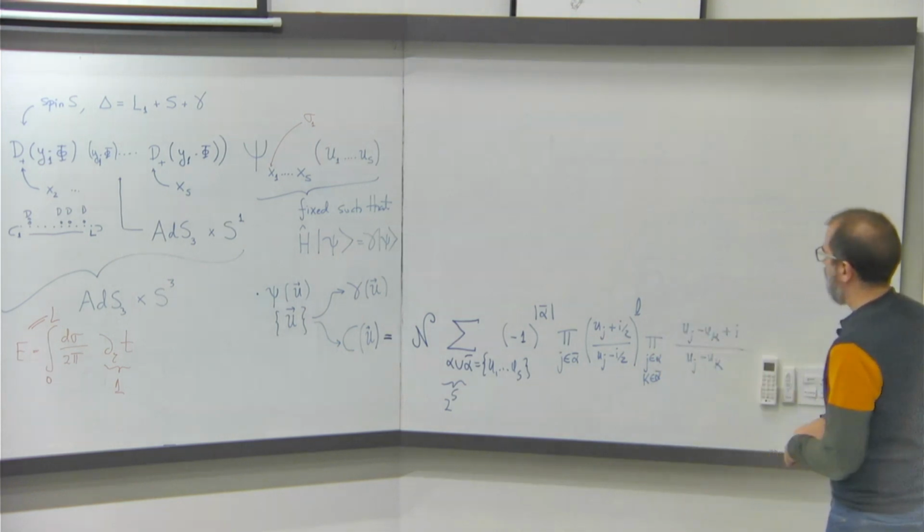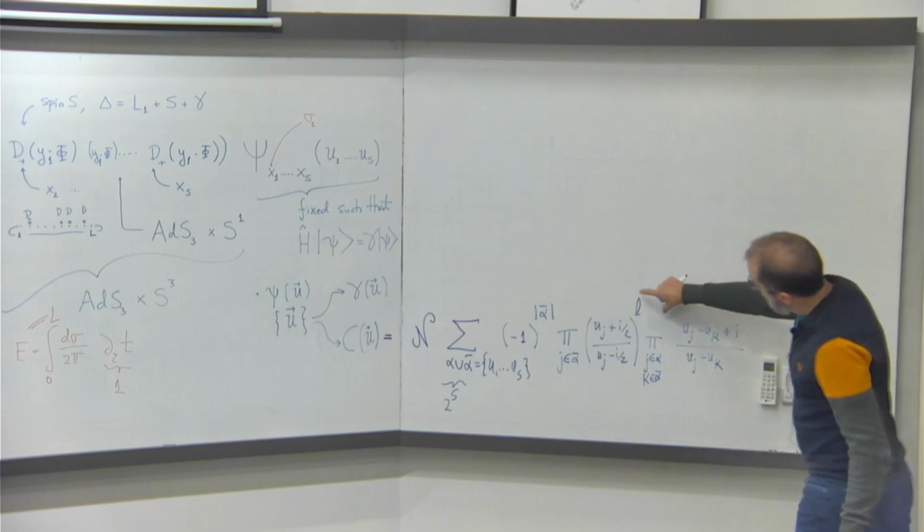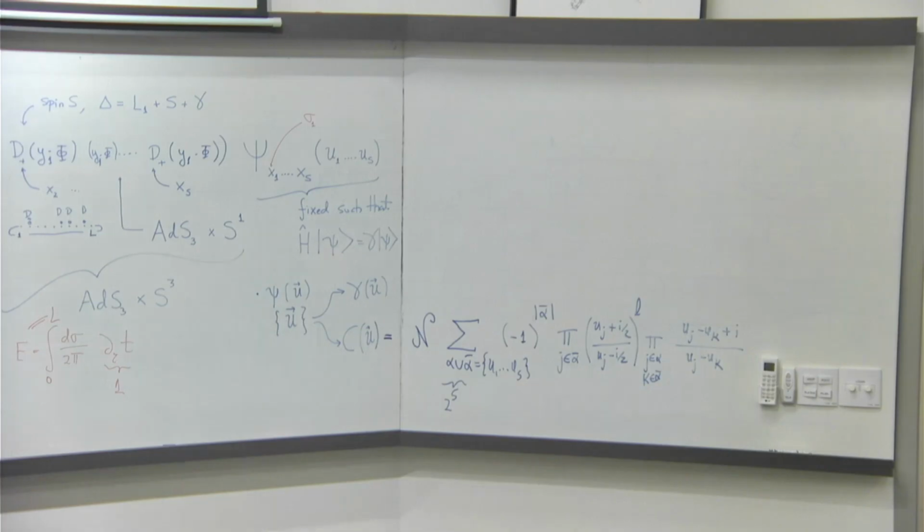Just this. Okay? So that's the result of doing some combinatorics. And this L is this L here.